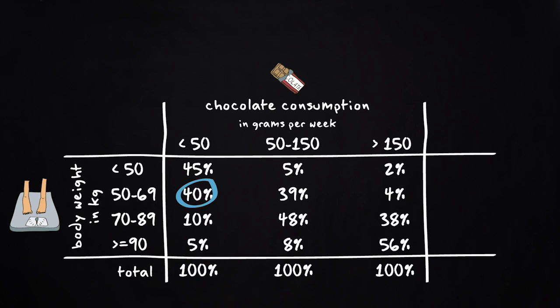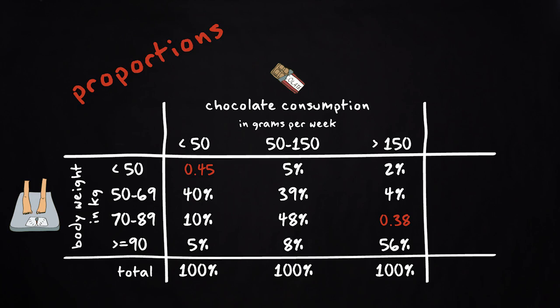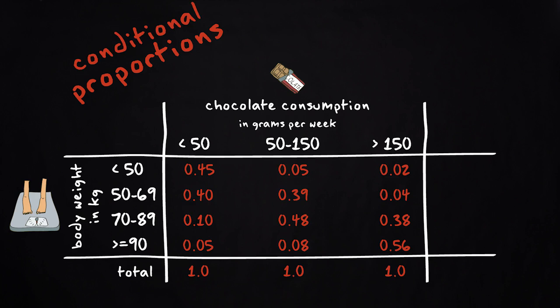We can also express these percentages as proportions. 45% then becomes 0.45. 38% becomes 0.38. We call these proportions conditional proportions because their formation is conditional on another variable. In this case, that variable is chocolate consumption.